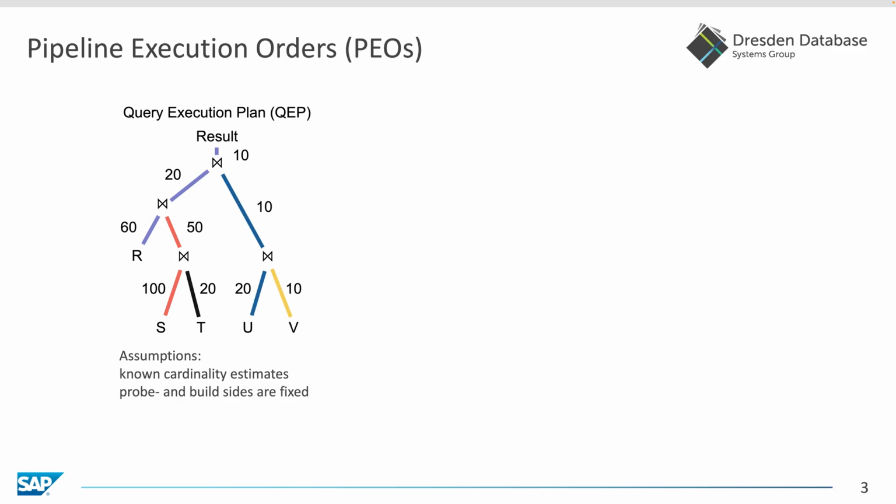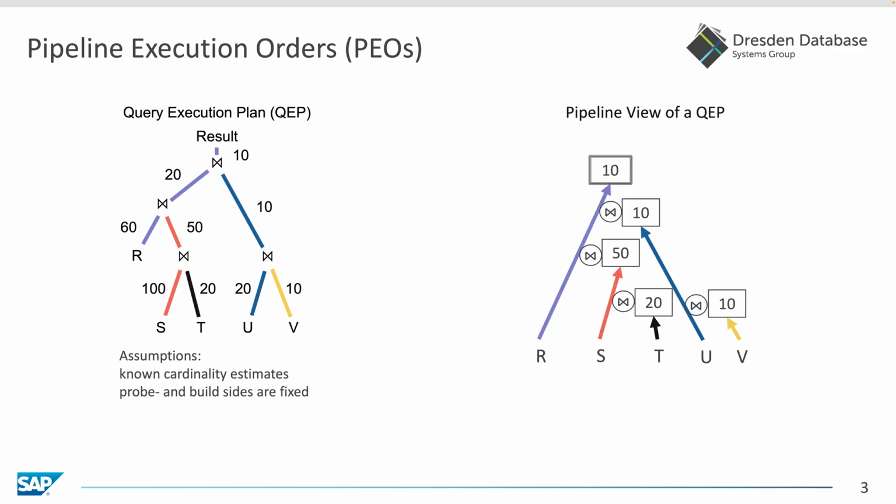Now, if we transfer this into a pipeline view of a QEP, we have pipelines, and at the end of each pipeline we have pipeline breakers, which can either be hash tables in order to facilitate a hash join with a subsequent pipeline, or pipeline breakers which are result buffers. Inside those pipeline breakers you will have a memory cost noted as a number.